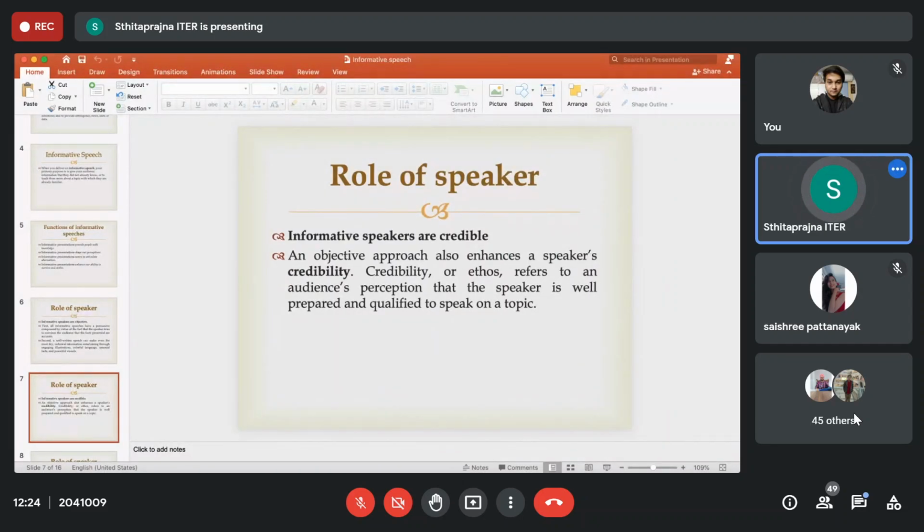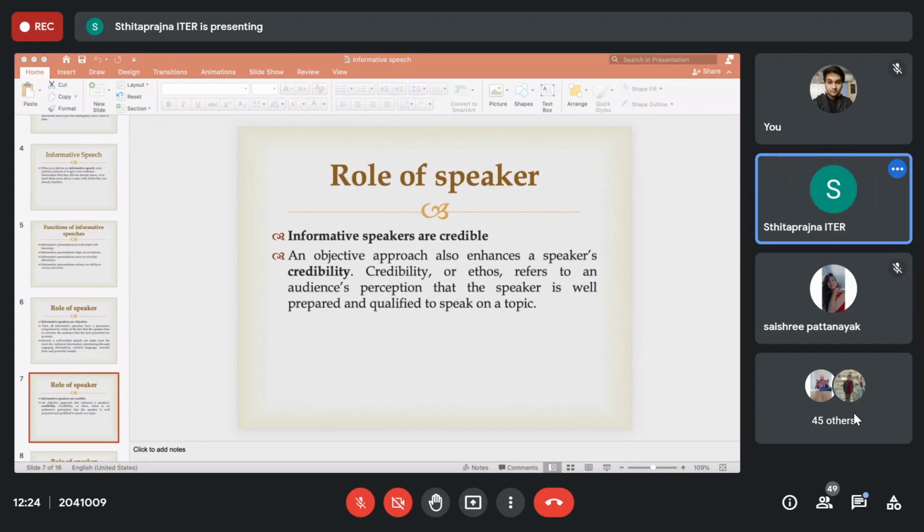So you just have to ensure that your audience perceives you as an objective speaker, as someone who is qualified to speak on a particular topic, right? So this enhances your credibility, and you can fathom this out with the kind of discussions that you do in the lab and the way people perceive you.